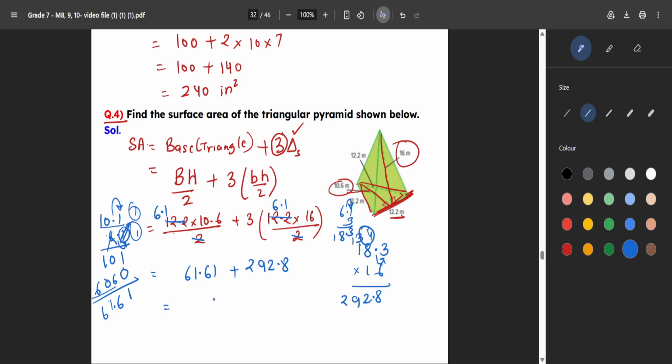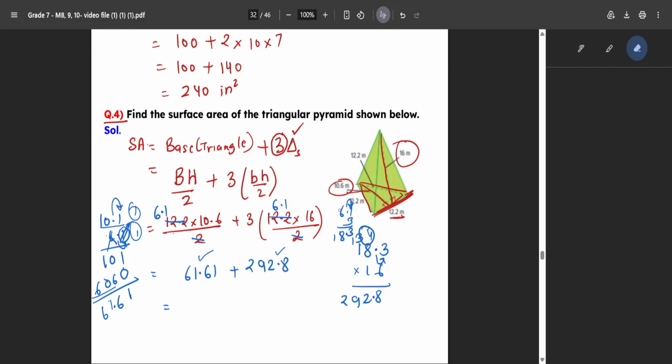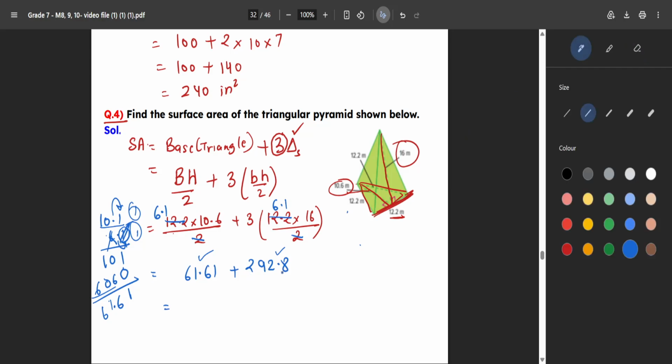Now we have to add them. Whenever you are adding decimal numbers, the decimal should be in a straight line. Let me show you how. First put the number 292.8.